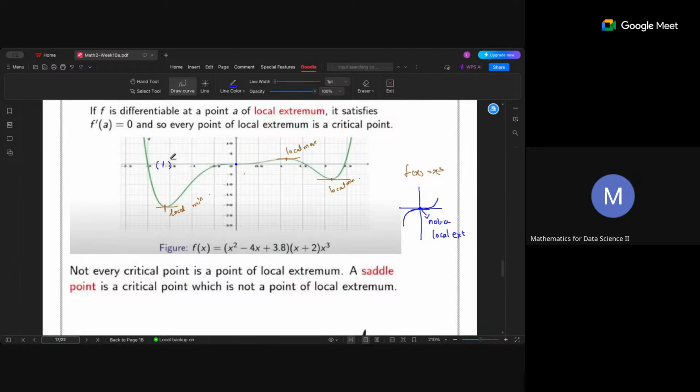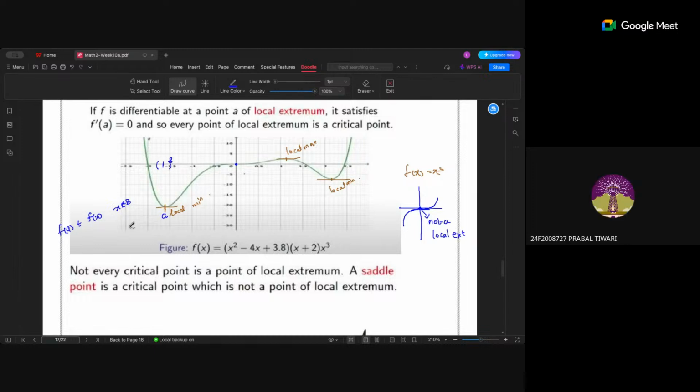This is your open ball. Now take any point x here, and call this point a. Then f of a is less than or equal to f of x for any points in B. This B contains your A as well, so at that point f of A equals f of A.